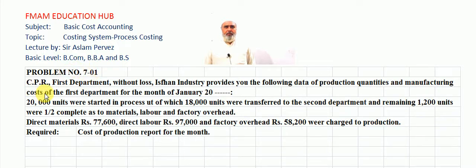CPR means cost of production report, first department. This problem belongs to the first department. First department means the units are started in process.